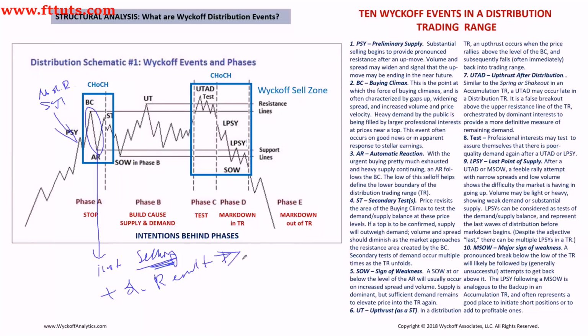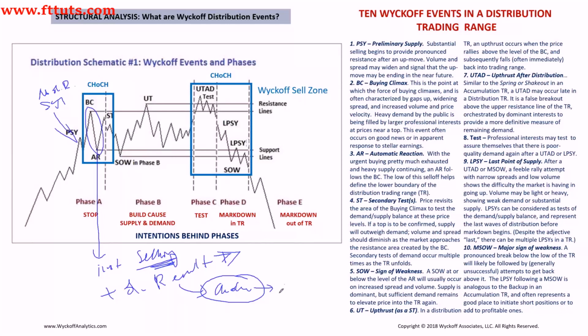And that's what is going to define a change of character. So behavior has changed for the institutions, and not only that, but the price now follows that behavior in the direction of the institutional force. And that's what produces that change of character.